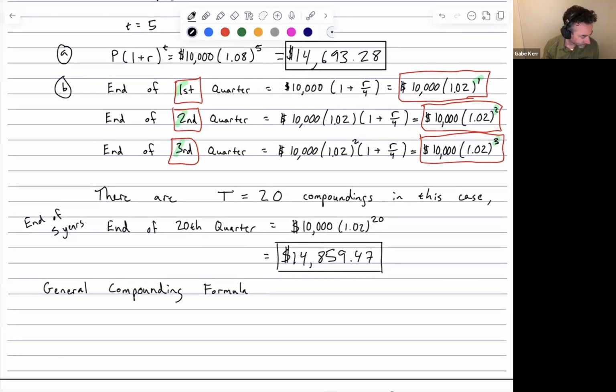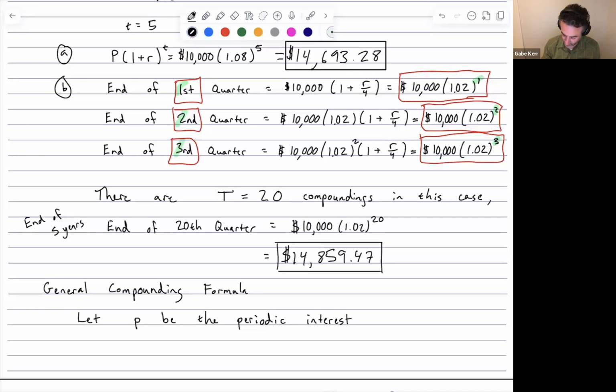We need this notion of a periodic interest rate. So we'll say let lowercase p be the periodic interest rate. And what is that?